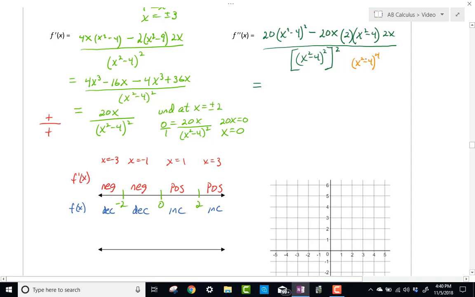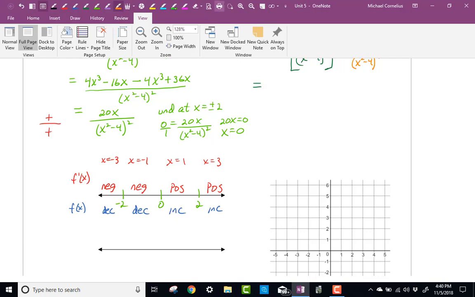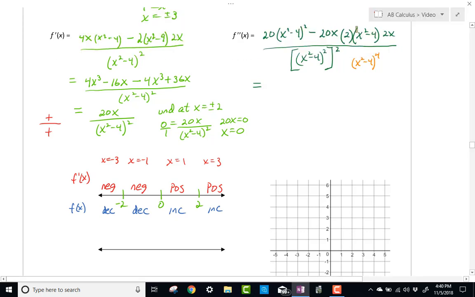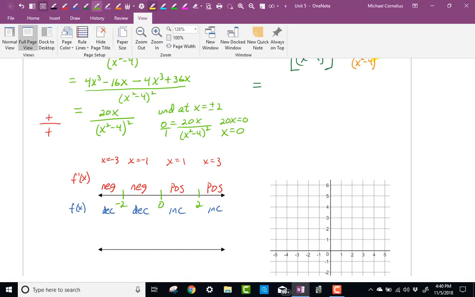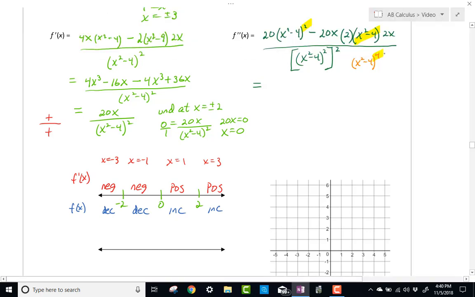The reason I'm doing that is because I can do a little bit of canceling here. I've got an x squared minus 4 here. I've got 2 of them here, so I'm going to cancel one of them out there. I'm going to cancel one of them out here, and that's going to leave me with 3 of them left over.